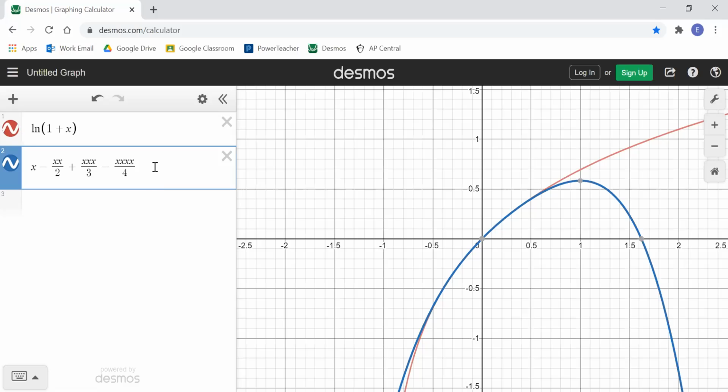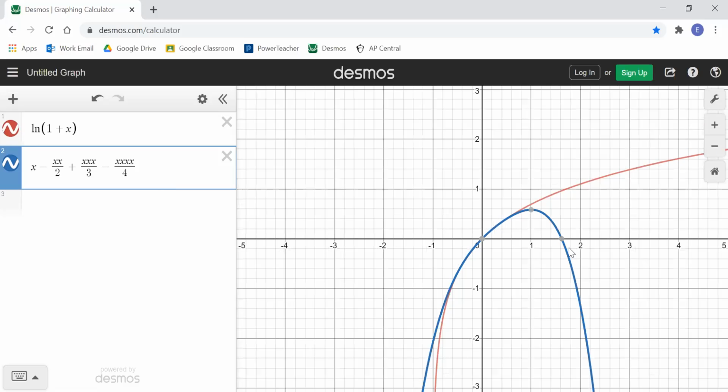And the more terms we put in, the better of a model it should become. And if we had an infinite number of terms, it would look exactly like the natural log of 1 plus x surrounding 0. Everybody see that? Everybody good with that? Pretty cool. It's just another way for us to model these complicated functions using polynomial functions.